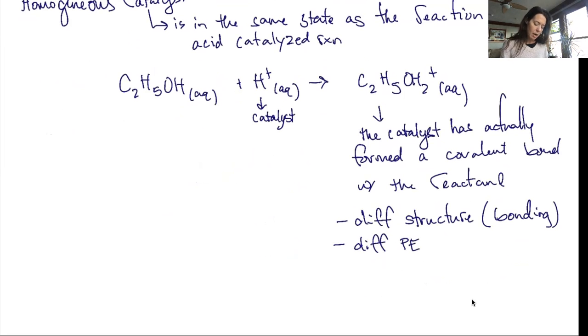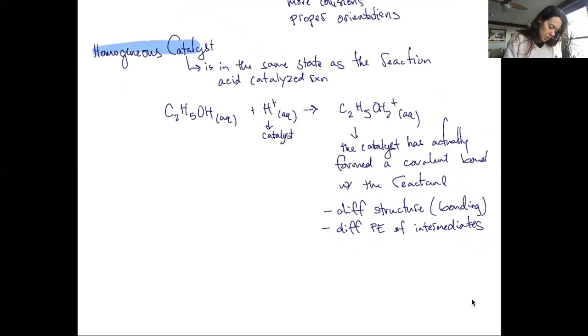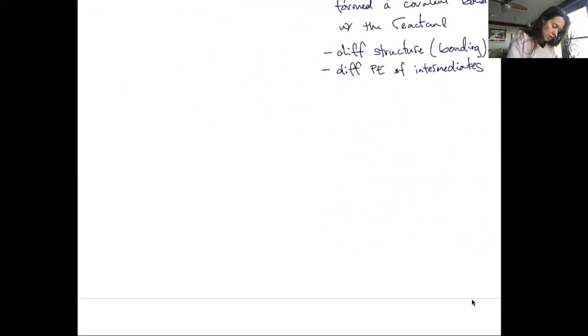So in effect, we're going to have an alternate pathway. It's going to require less energy, and the reaction is going to happen more quickly. Simple: a homogeneous catalyst is in the same phase as the reaction.